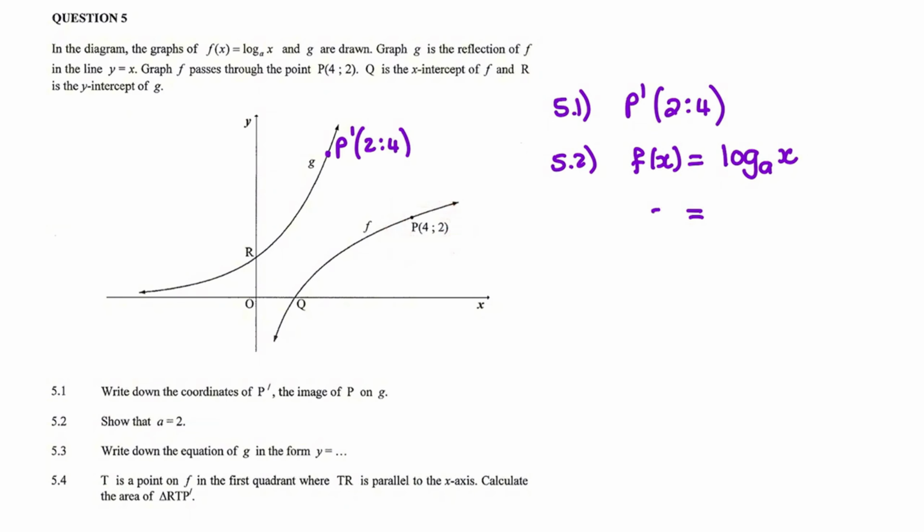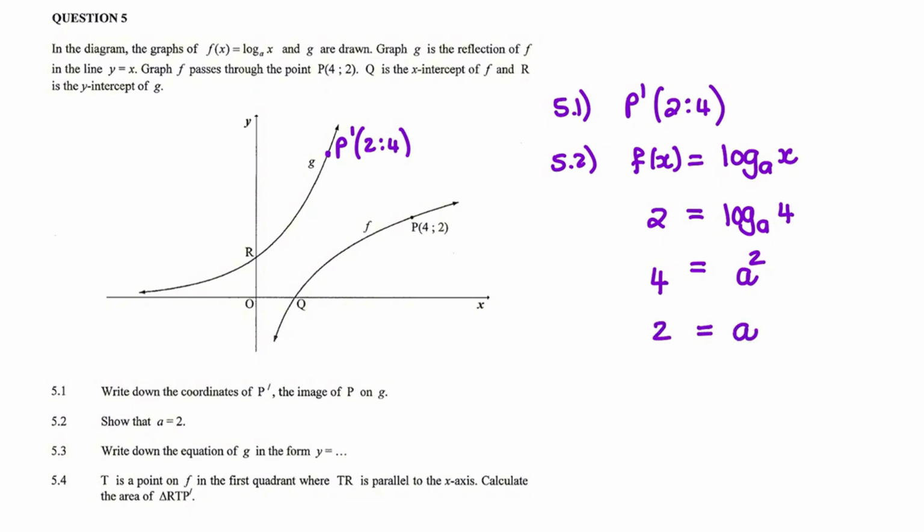So y equals 2, log base a, and x is equal to 4. From the theory of logs, if I want to remove the log, I'll take the base of the log and raise it to the power of 2, and that will be equal to 4. If I take the square root of that, it means that a is equal to 2.